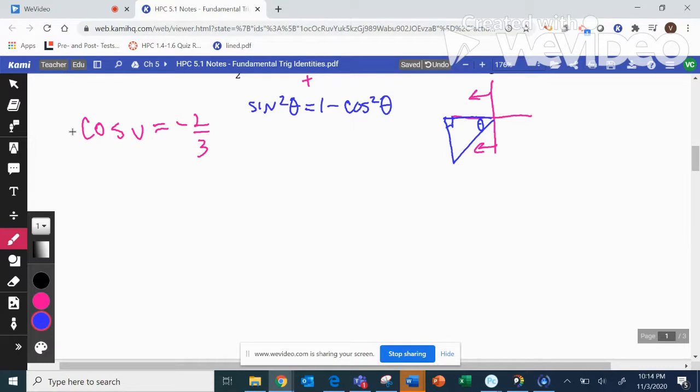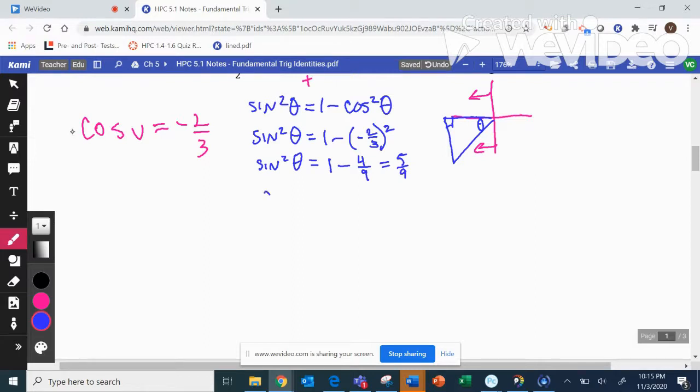And I'm going to plug in what cosine is. So cosine theta is negative 2/3. And then we're going to square that. And when I square the negative, it turns positive. So I've got 1 minus 4/9, which is 5/9. So we know that sine squared theta is 5/9.